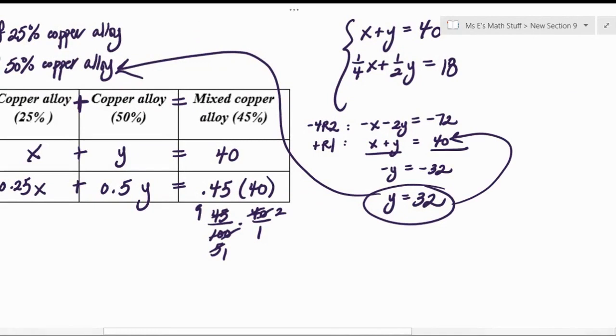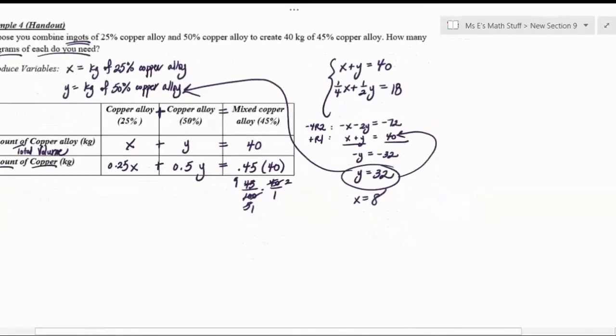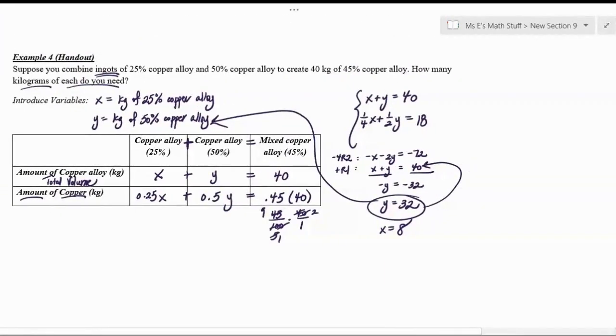The easiest way to get x is to use the spot where they're supposed to add up to 40. You could just eyeball it: X would equal 8. Now we're ready. If you ever get lost, go back up to where you introduced your variables and turn that into English.